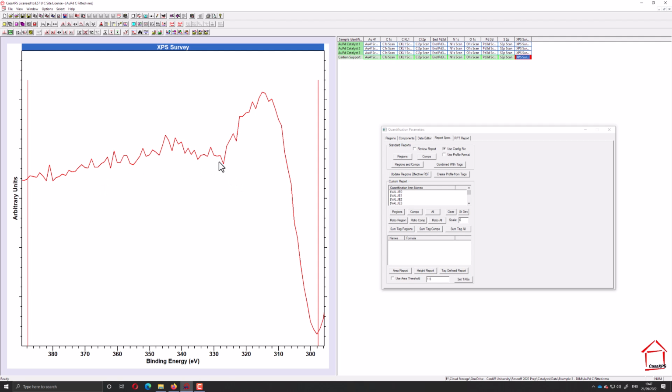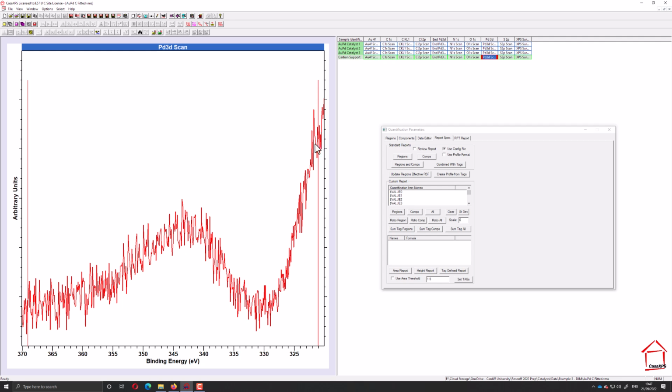And we can see we still have another bump here which decreases down from about 320, 330 down to about 380 electron volts. And if we look at the palladium region here, we can see this is the tail that I just mentioned, and here's that secondary bump, which is again a loss process, as I say, within the carbon.